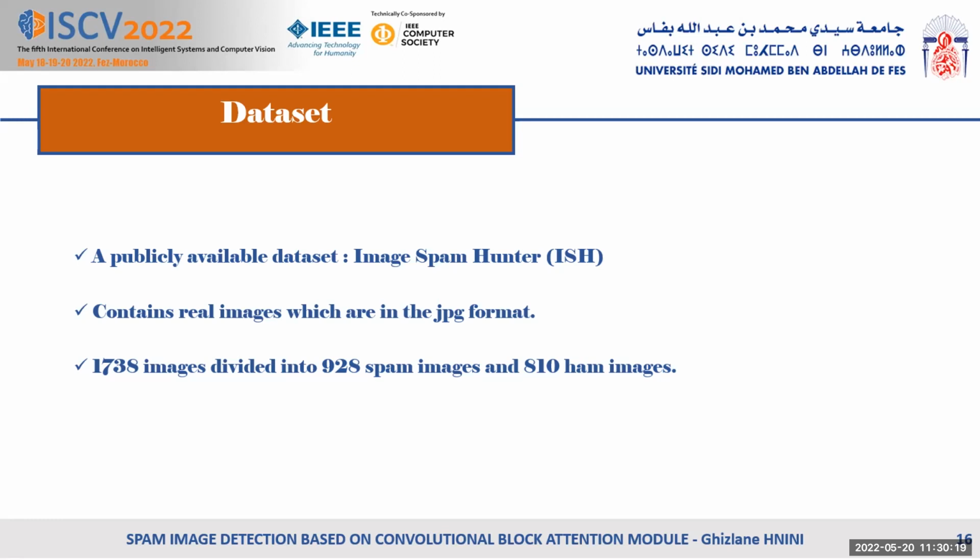But because we combine CNN and CBAM, I think the time and the resources needed are more important in this case. It can be for the next paper, to find a solution to minimize the time of training and the computational power.